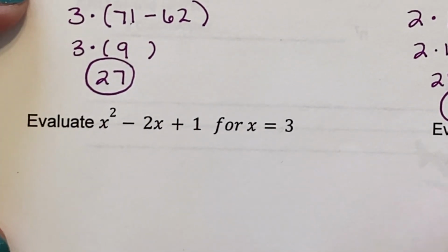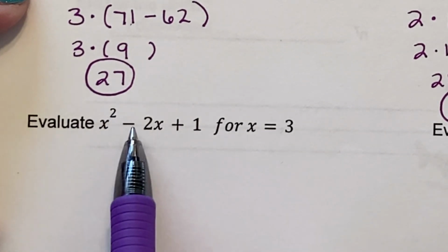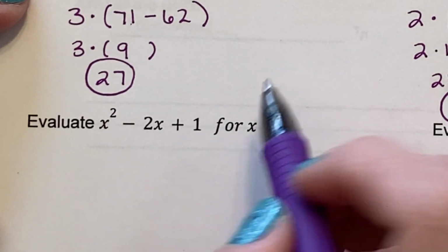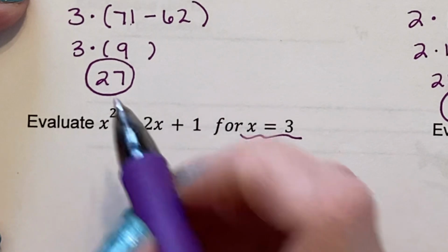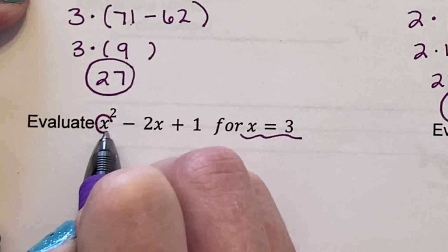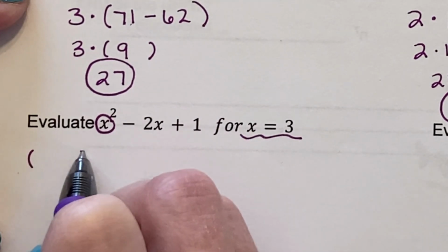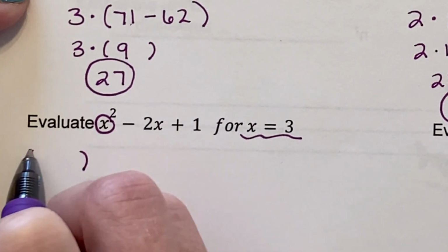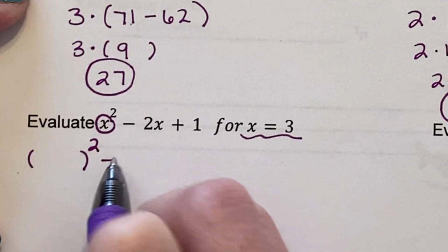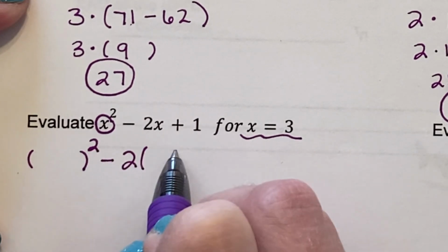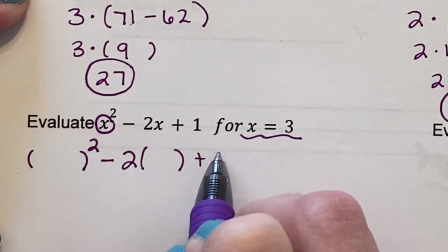All right, next one. I have a squared. x squared minus 2x plus 1 for x equals 3. Again, here's where I'm going to use my parentheses. I'm going to replace this x with parentheses, so this whole value is going to be squared. And then I'm going to subtract 2 times a number plus 1.